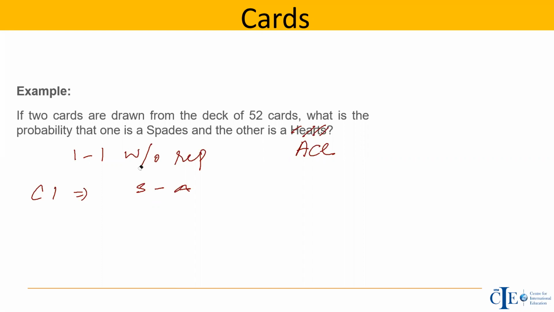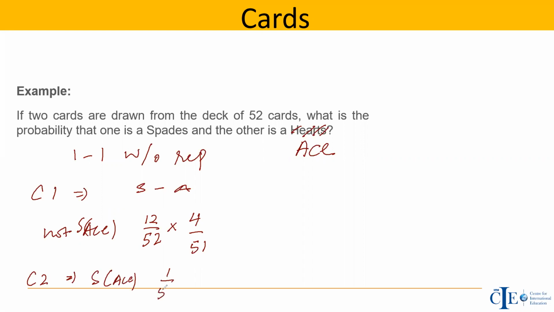Case one, when the first one is not the ace of spades, which means there are 12 such spades, so 12 over 52, and then we'll be left with 4 aces, so 4 over 51. And case two, when it was the ace of spades, there's only one ace of spades, so 1 on 52 into, there are only three aces left now, so 3 on 51.